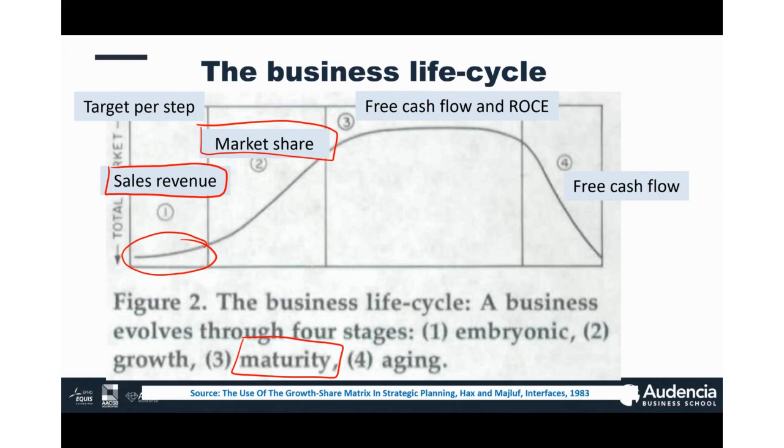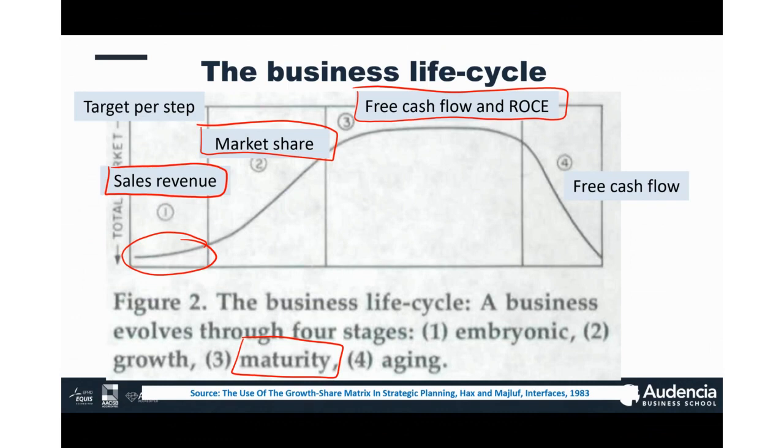At the stage number 3, now you expect to create huge free cash flow because you reduce the commercial expenses, the marketing expenses, because of the efficiency, productivity, the capacity to reduce the unit cost and to reduce, in particular, the cash expense.